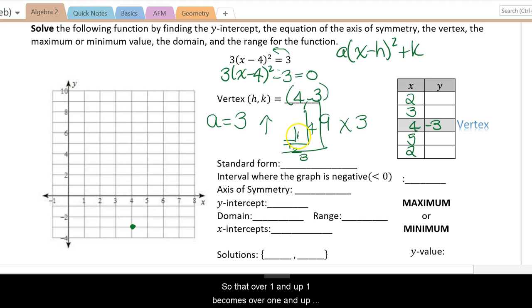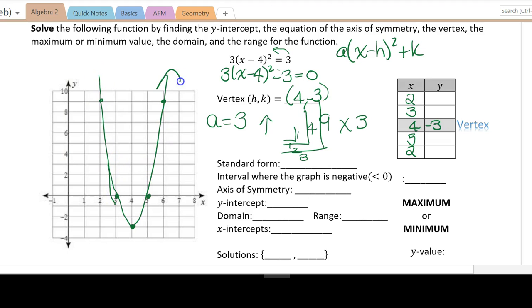So that over 1, up 1 becomes over 1 and up 3. 1, 2, 3. And the same to the left. The over 2, up 4 becomes 4 times 3, which is 12. So we go over 2 and then 1, 2, 3, 4, 5, 6, 7, 8, 9, 10, 11, 12. And then I can match it up on the left. And then this is our function graphed.